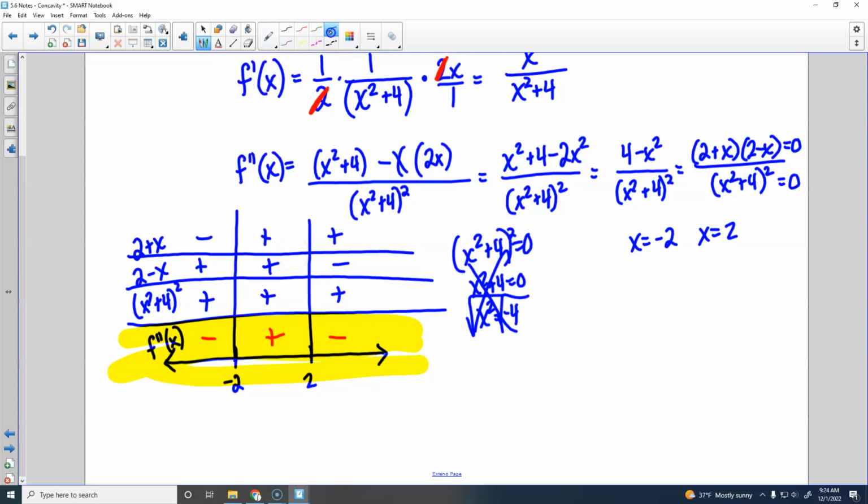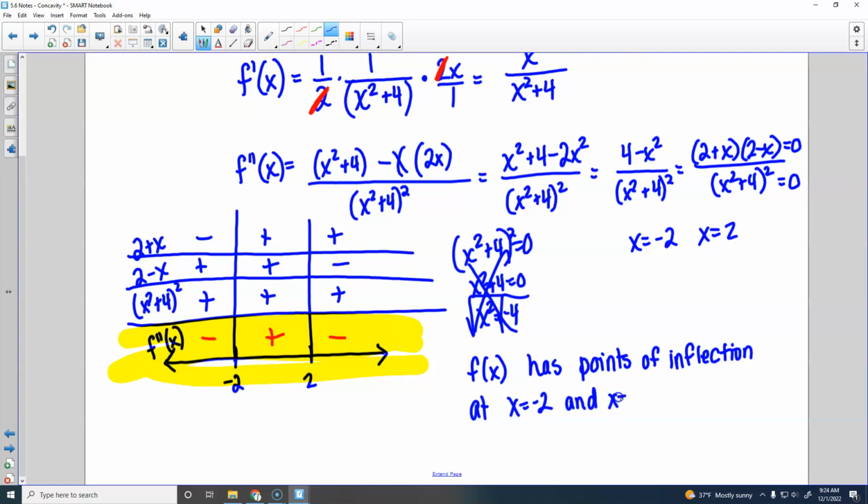All right, so we would say that f of x has points of inflection at x equals -2 and x equals 2 because f double prime of x changes signs at these points.